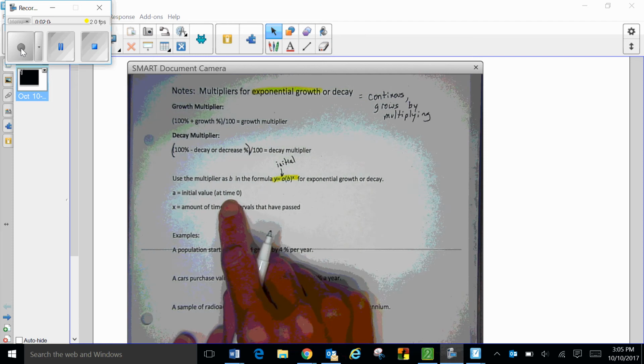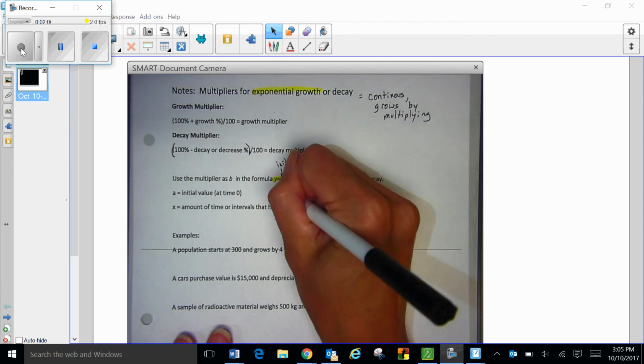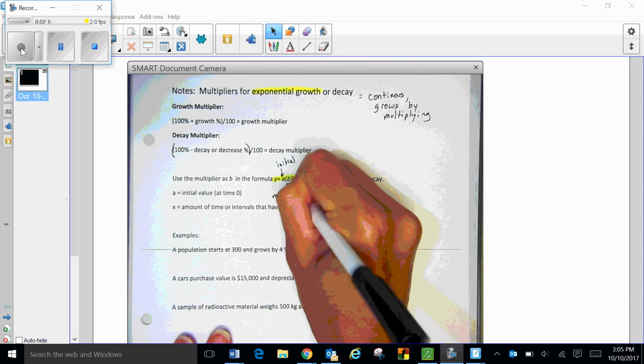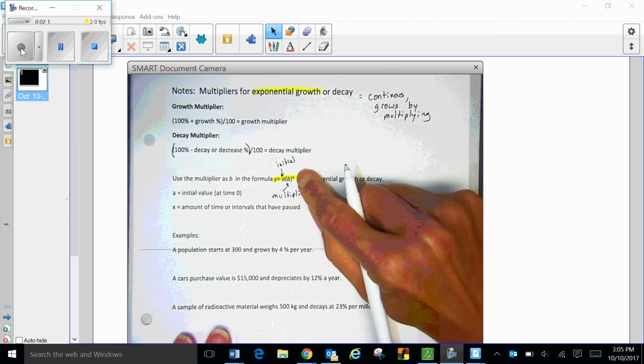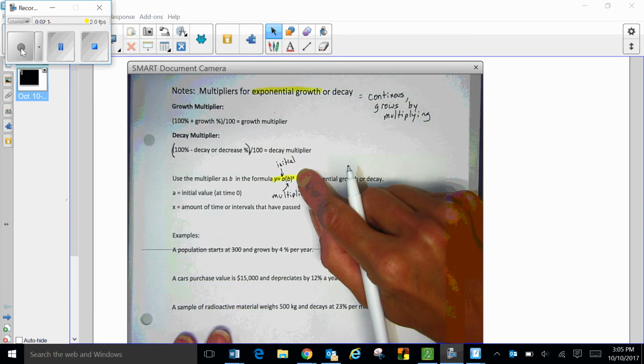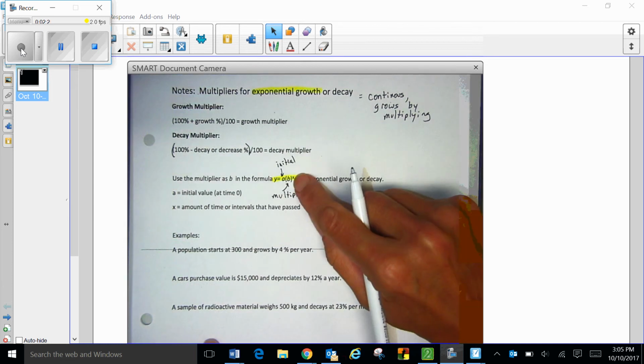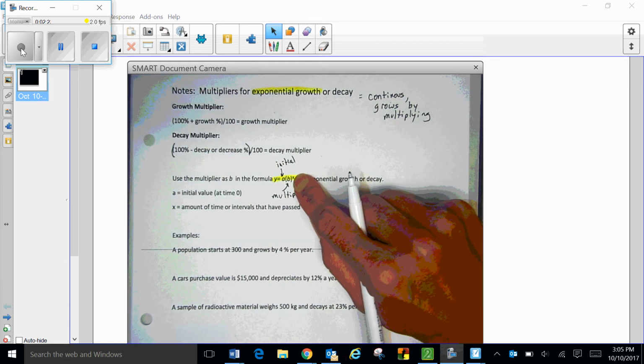B is your multiplier, and x is your variable, usually some kind of time. Years, minutes, even millennia could pass for this exponential growth, but x is however much time or something else maybe that has passed.